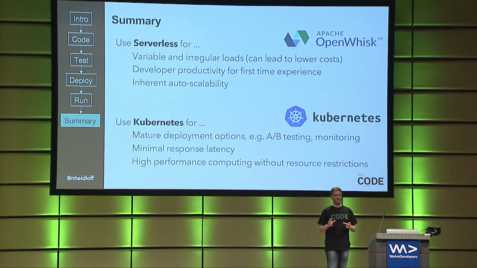As I said, serverless is really good for variable and irregular workloads because it can lead to lower costs. And that's the example of a local website that I talked about earlier, right? And I think that's a really powerful feature. The other reason why you want to use serverless is because, at least I find it easier to use. That's not always the case.